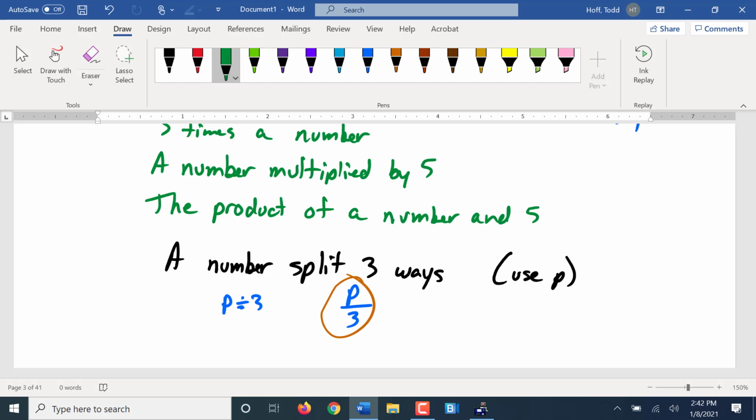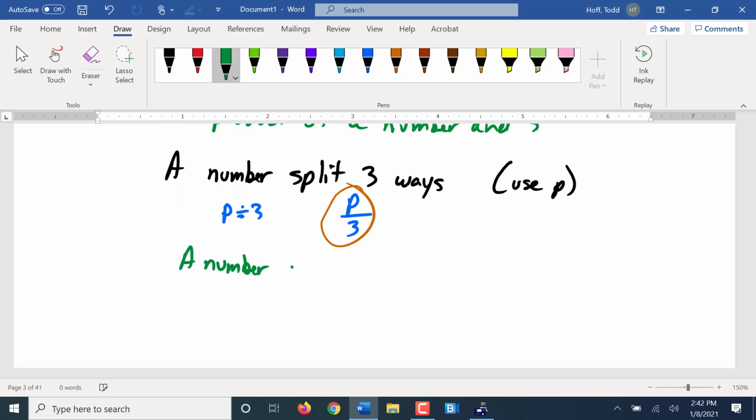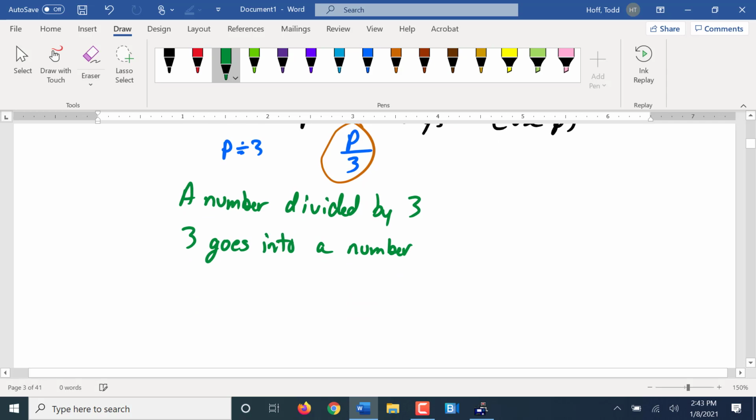What are some other phrases that might indicate P divided by 3? Number divided by 3. 3 goes into a number. So we have sum, difference, product. Anybody know the equivalent word for division?